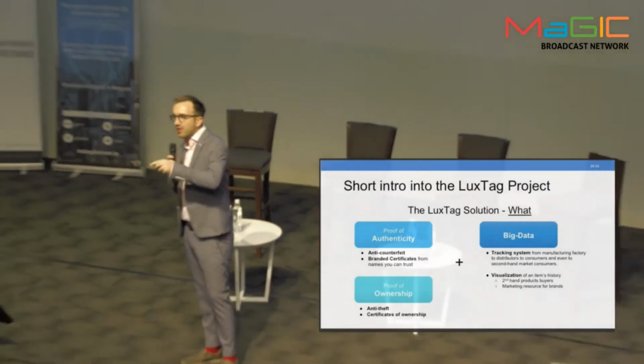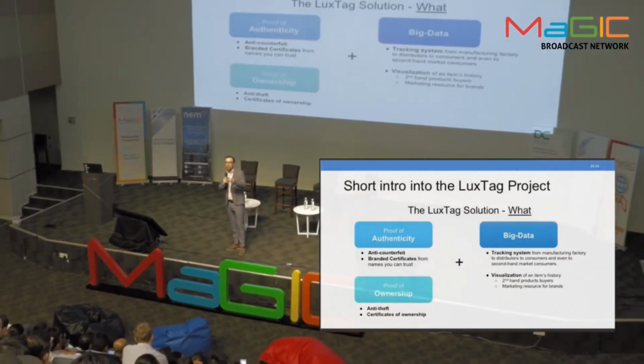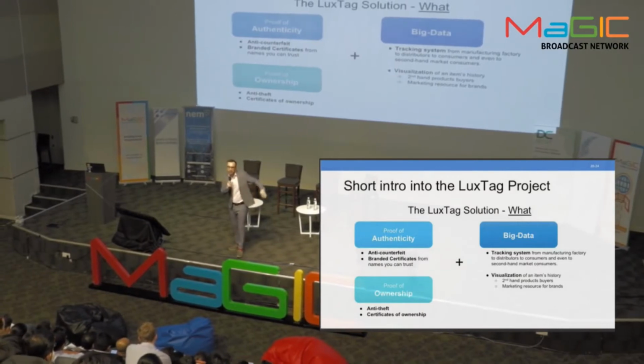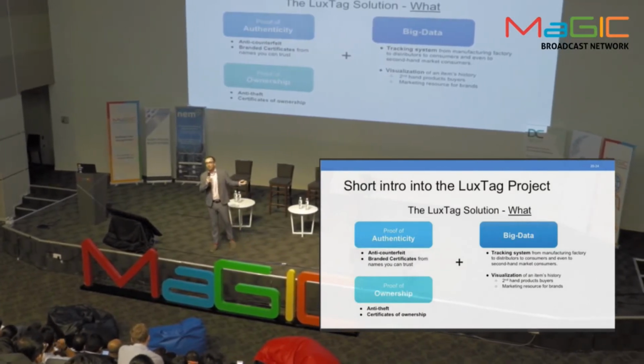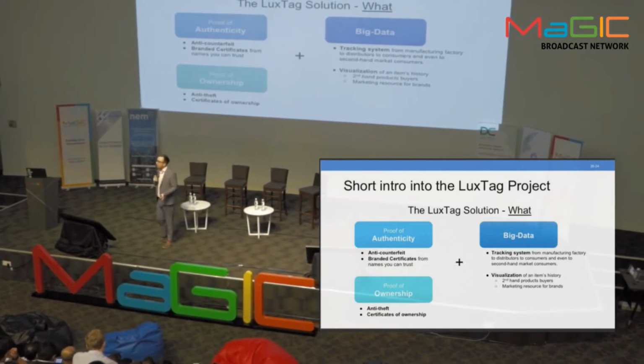Through this tagging, we even ensure who's the real owner. If somebody stole your item and wants to sell it or give it to a pawn shop, they can't prove that they're the real owner. Then we create big data points for the manufacturers. The manufacturers of the world are our customers, paying for the solution to enhance customer engagement and to do the proof of authenticity and proof of ownership. We are now doing one POC, proof of concept, implementation.